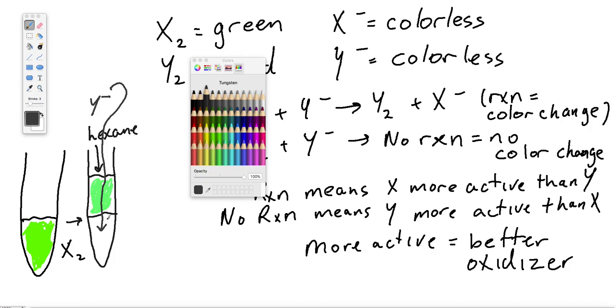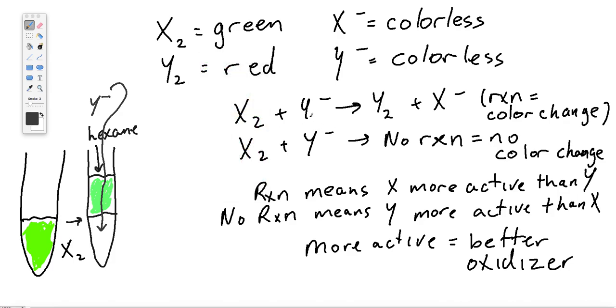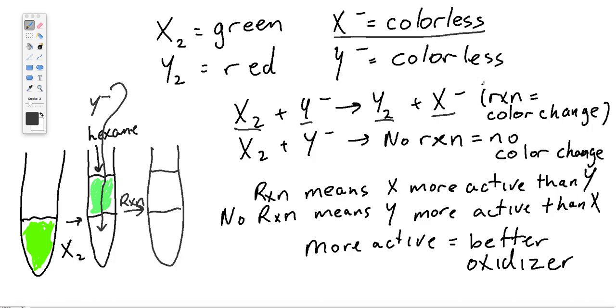So what we'd be looking for here is if there's a reaction, I want you to see what happens. The Y minus will actually turn into Y2, and the Y2 would be red. And after the reaction, and this is really important to realize, the green here, which is the X2, actually turned into X minus, and X minus is actually colorless.